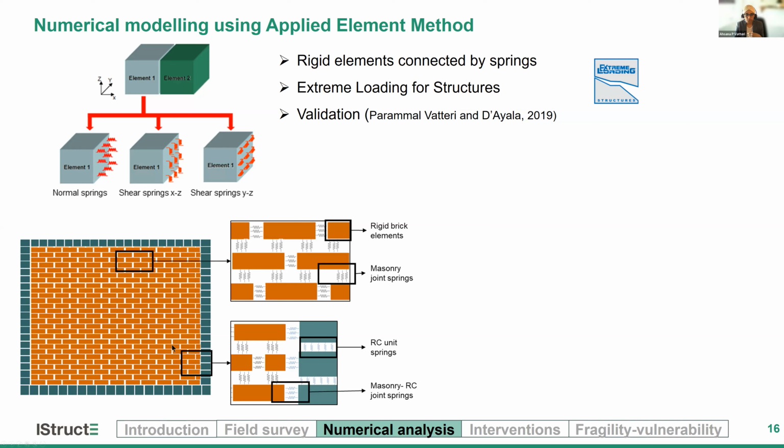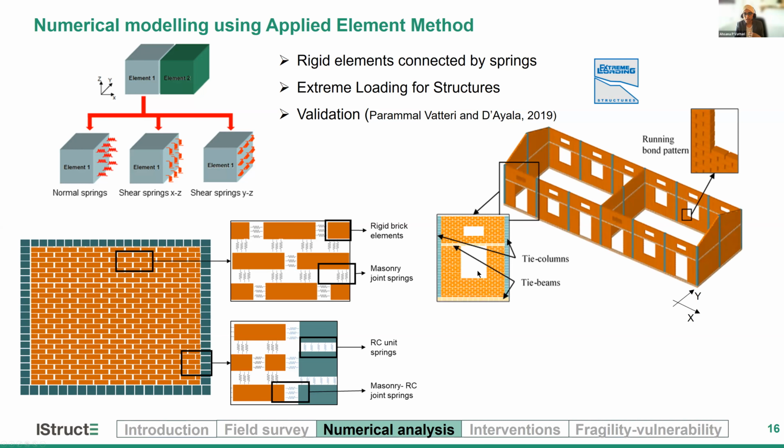It can also accommodate springs between different materials, such as springs between concrete and masonry, or springs between bricks and mortar, by equivalent properties of the springs that connect them. For masonry, it is particularly suitable because we are able to generate the exact bond patterns, as you can see here.